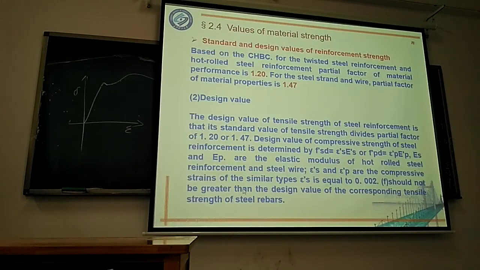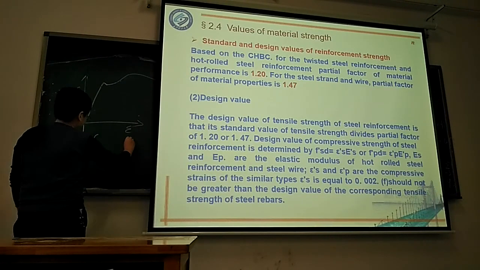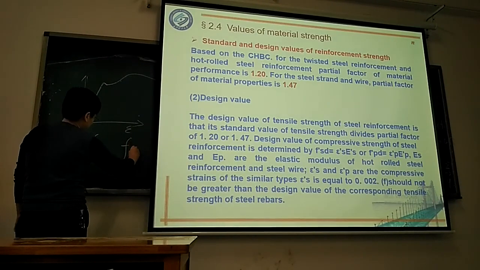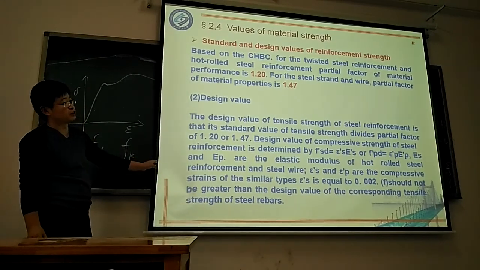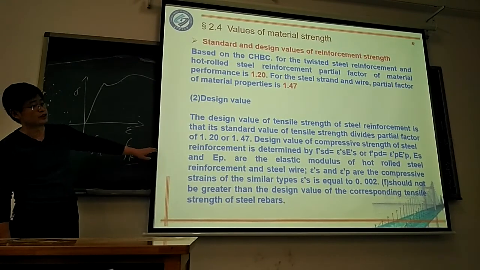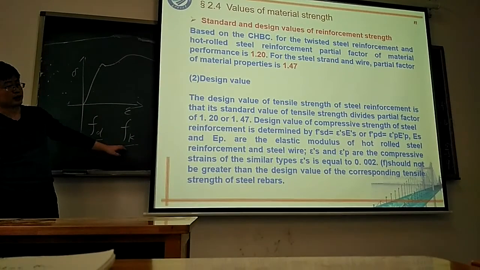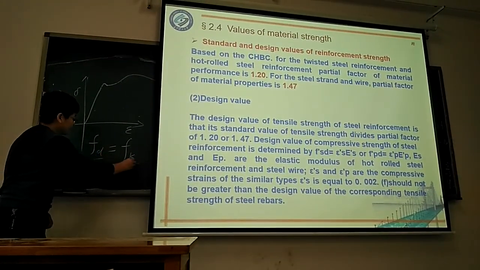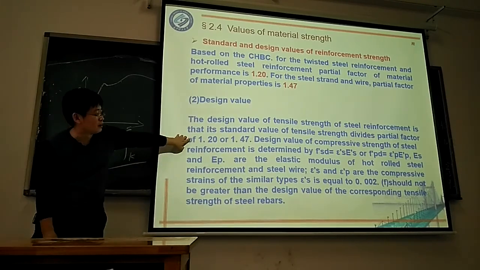So to me, this is just like the partial factor. For the design value we use d, and k is the standard strength. fk is the standard strength of the reinforcement, and fd is the design value of the reinforcement. fd equals fk divided by gamma, the partial factor.